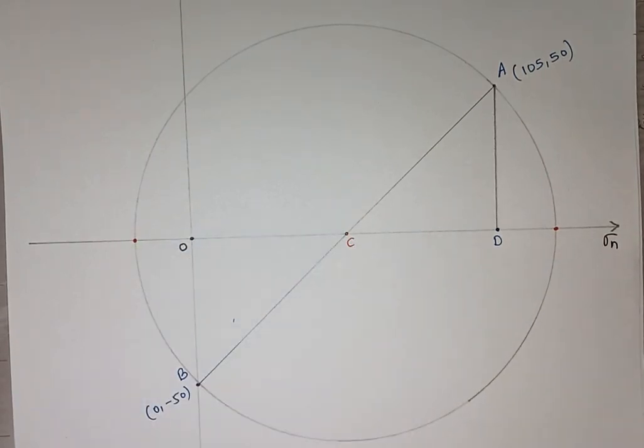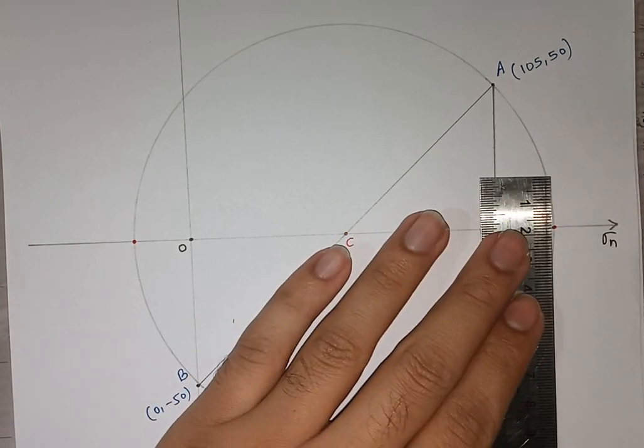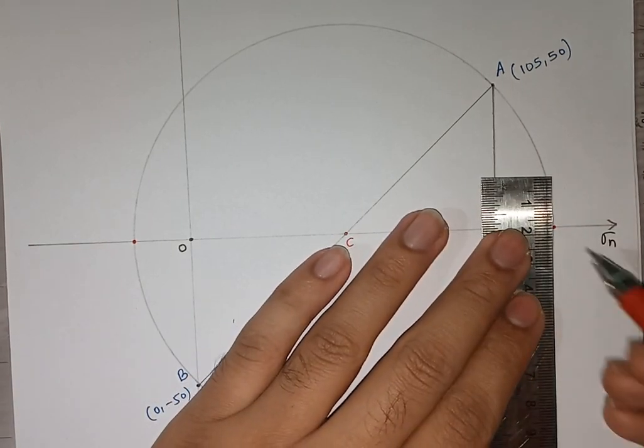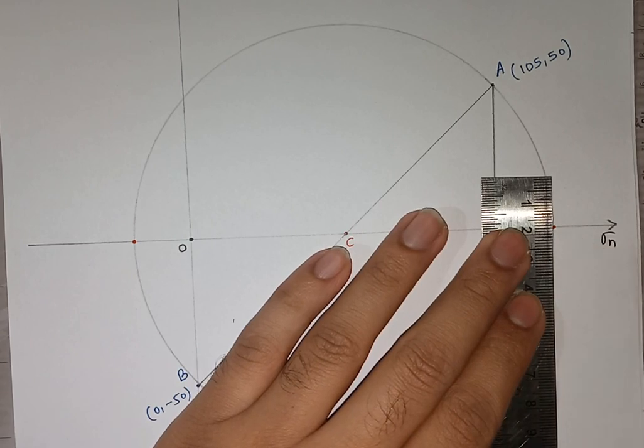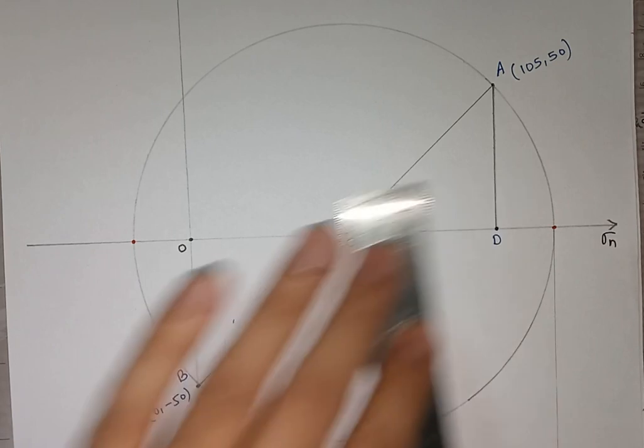Right? Now let us check out the magnitudes. So in order to check out the magnitudes, what I'll do, I'll just take a horizontal and mark it first. Right?